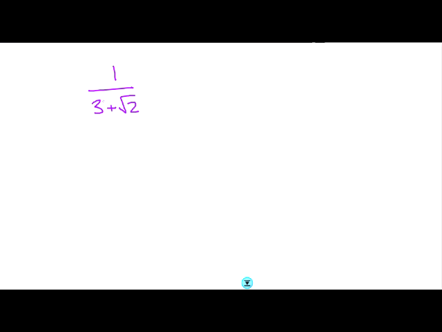So here's the surd. It's attached to this, so we can't just multiply by this. We need to multiply using the conjugate. So we're going to times top and bottom, and the reason we do top and bottom is because it is a fraction. So whatever we do to the top, we must do to the bottom, otherwise we're actually changing that fraction. So we're timesing it by 3 minus root 2.